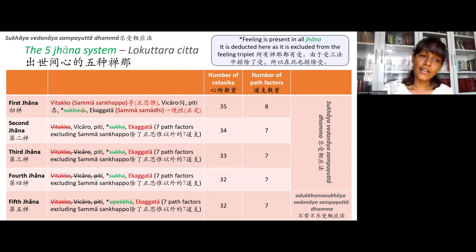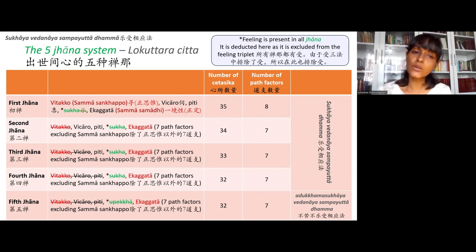The first jhana has the most number of cetasika because it has all 5 jhana factors. However, because Vedana is excluded from this matika, the entire matika, we will deduct Sukha, which is one of the jhana factors, right?